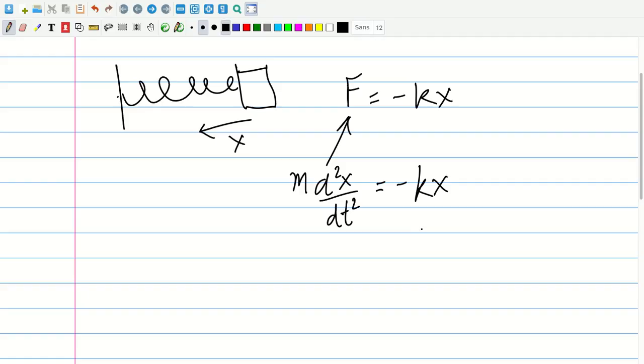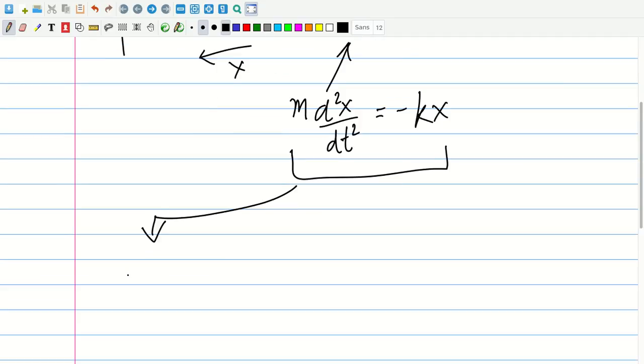Now the x that can solve this differential equation is a sinusoidal function, right? So I'm going to go ahead and choose sine. So x equals A sine of omega t plus some phase constant, some phase shift.